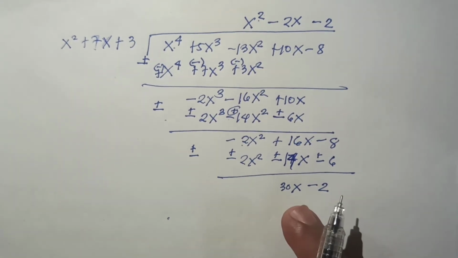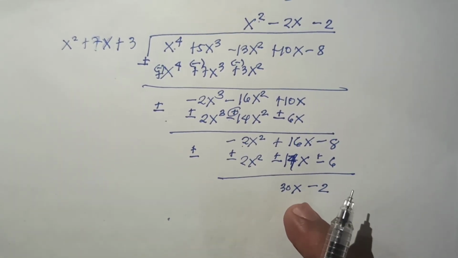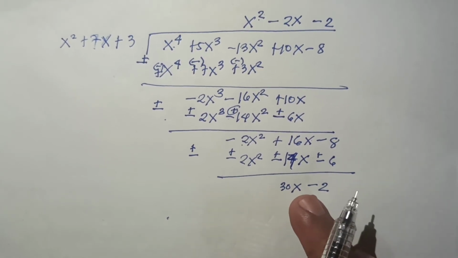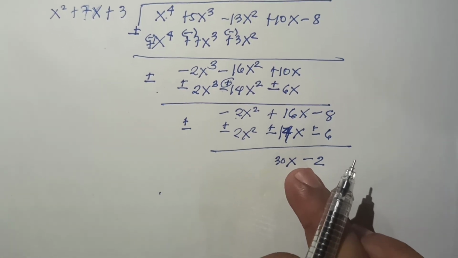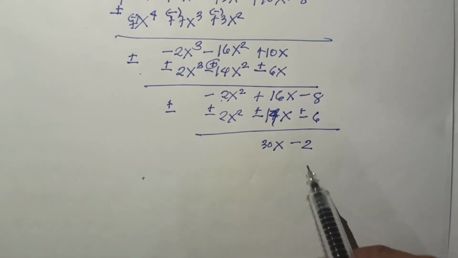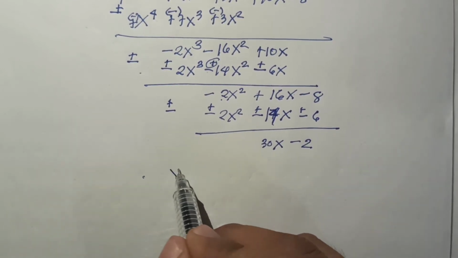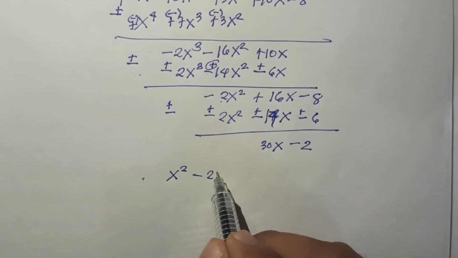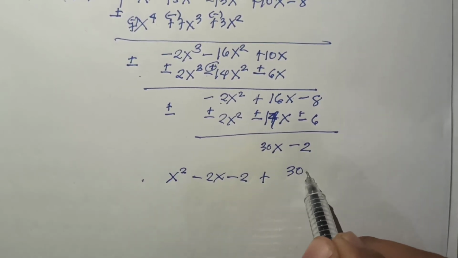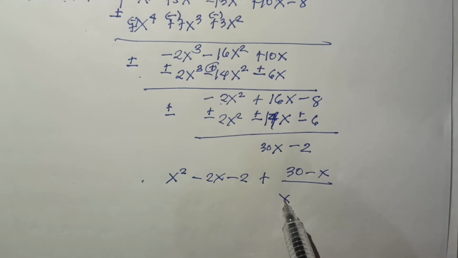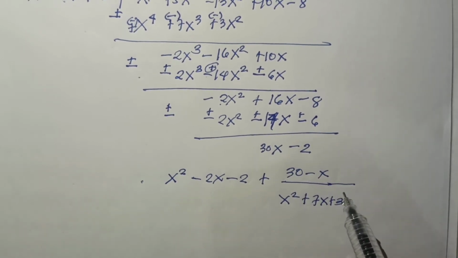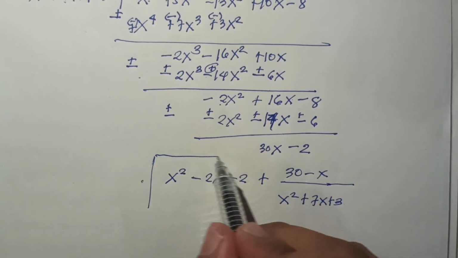Since the exponent of this binomial, the result of this, is lesser than x squared, we could not proceed with another step. So we could say that this is x squared minus 2x minus 2 plus the remainder of 30x minus 2 over x squared plus 7x plus 3. This is now the result when you divide here.